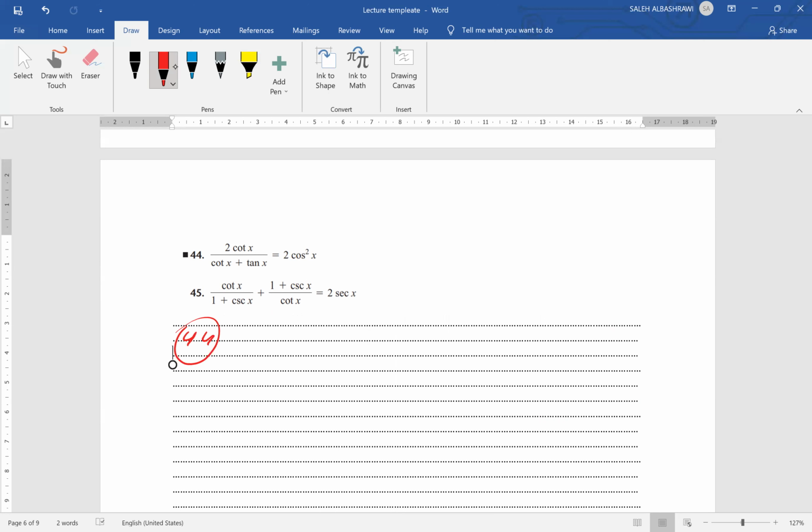Now the left-hand side for this identity can be written directly as 2 multiplied. Cotangent can be written as cosine x over sine x.